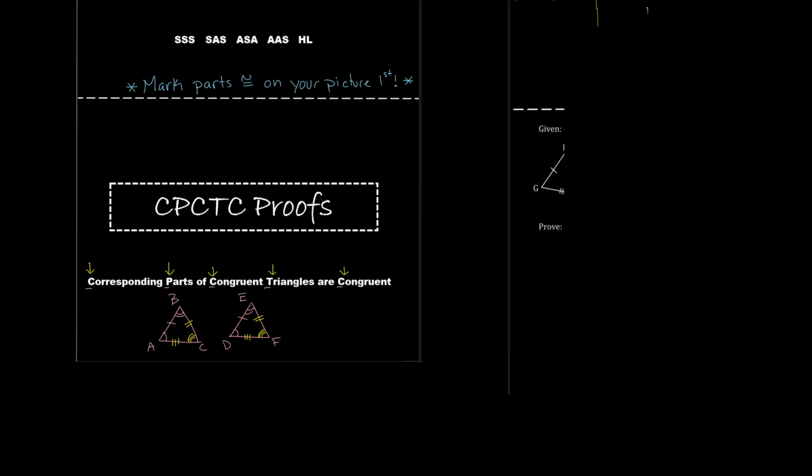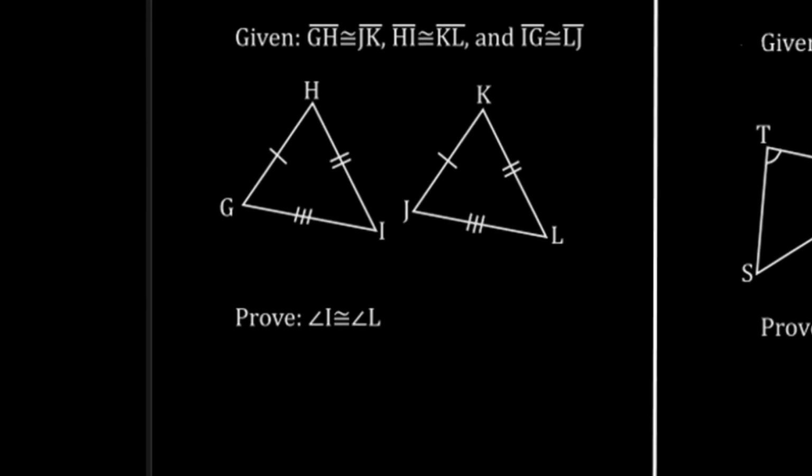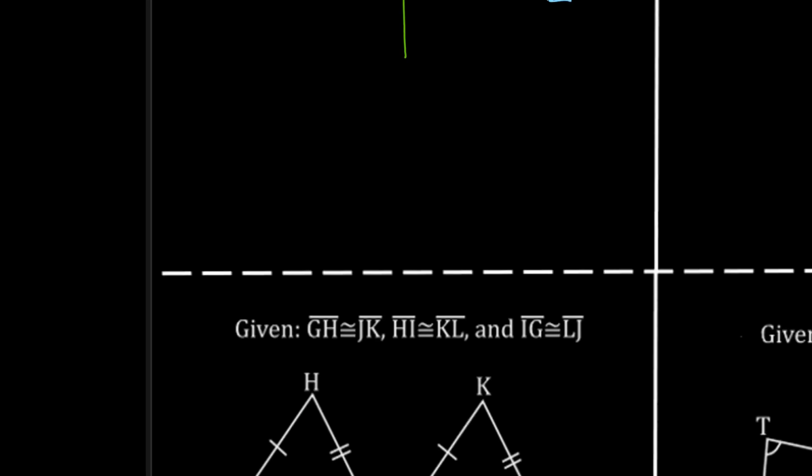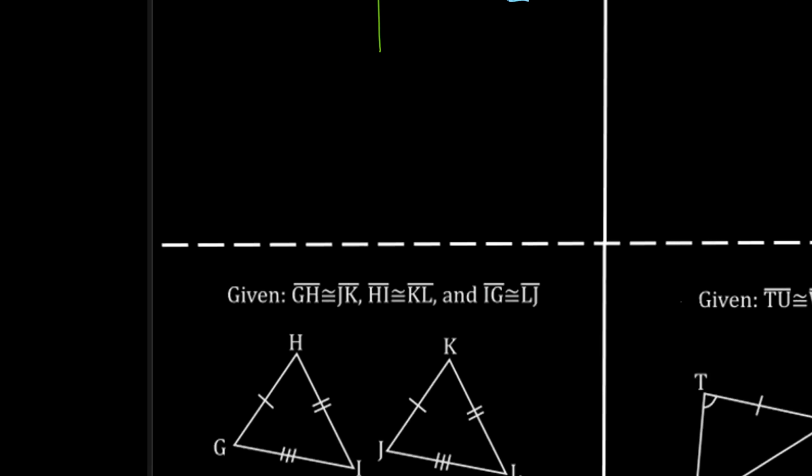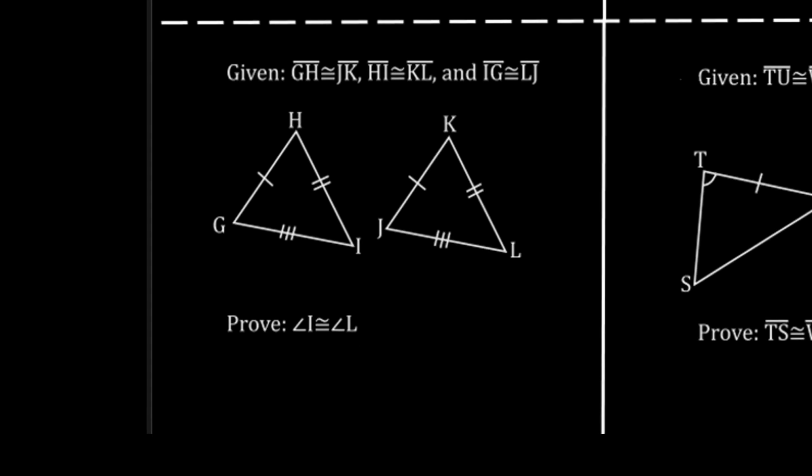So, what is different about this proof versus the proofs that we did last class? We're doing like the reverse. They're all sides. Wasn't one of the ones that you did in your notebook all sides? That's not what's truly different. We don't have to mark the picture.